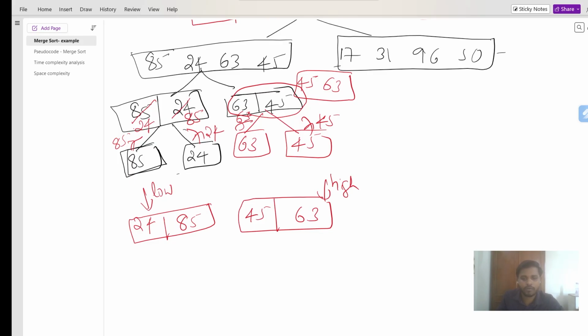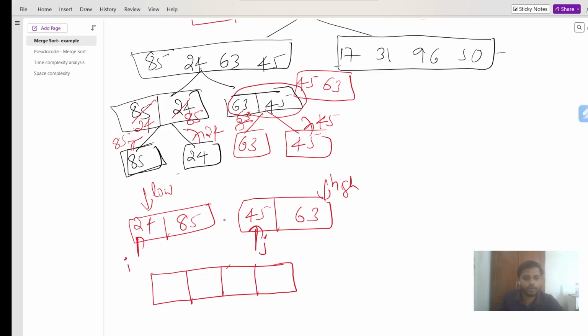We will see what low and high are when we get into the code. Now I am going to assign an i pointer to this array and a j pointer to this array. We are going to have a temporary array consisting of 4 elements.